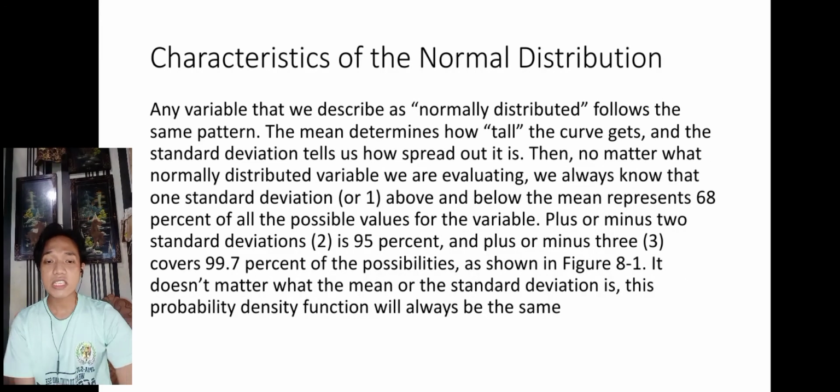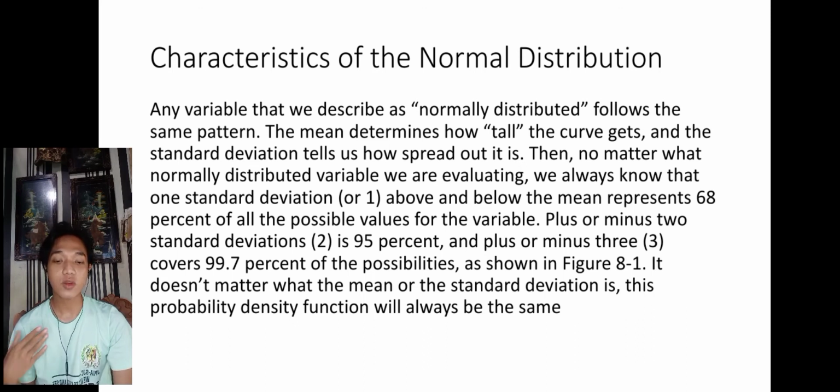The characteristics of the normal distribution. Any variable that we describe as normally distributed follows the same pattern. The mean determines how tall the curve gets, and the standard deviation tells us how spread out it is. No matter what normally distributed variable we are evaluating, we always know that one standard deviation above and below the mean represents 68% of all the possible values for the variable.